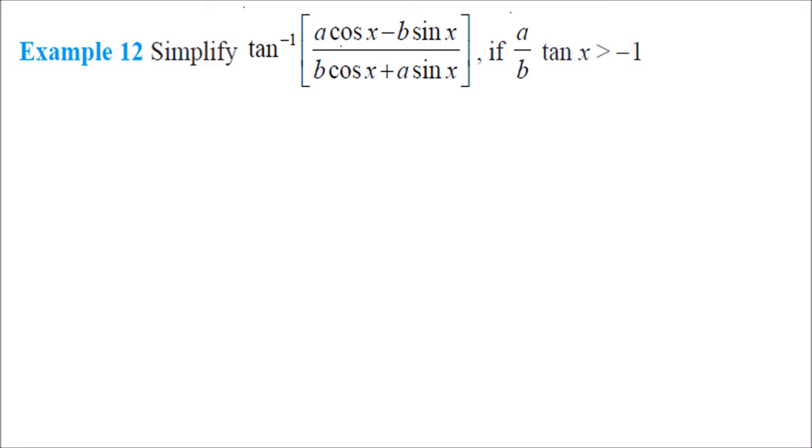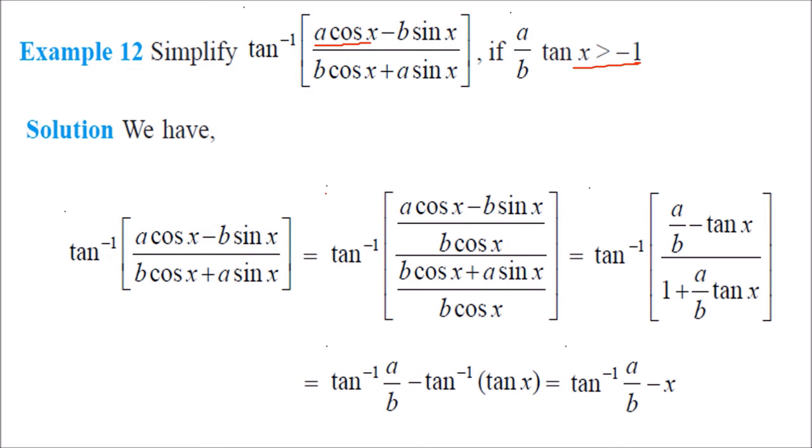Simplify tan inverse of (a cos x minus b sin x) by (b cos x plus a sin x), if a by b tan x should be greater than or equal to minus 1. What we can do here is divide numerator and denominator by b cos x. Why are we doing it with b cos x? Since when we divide by b cos x, this will become a by b, this will become tan x, and this will be 1, and this will be a by b tan x.